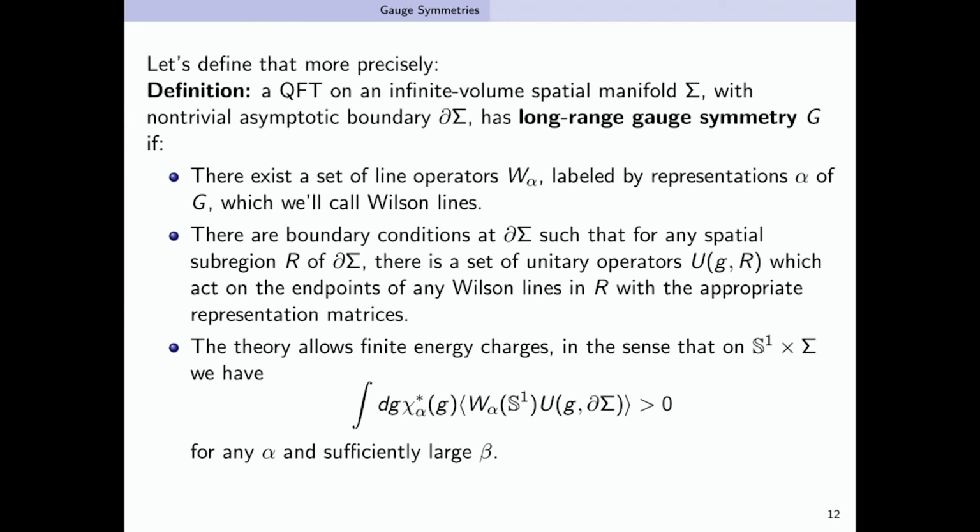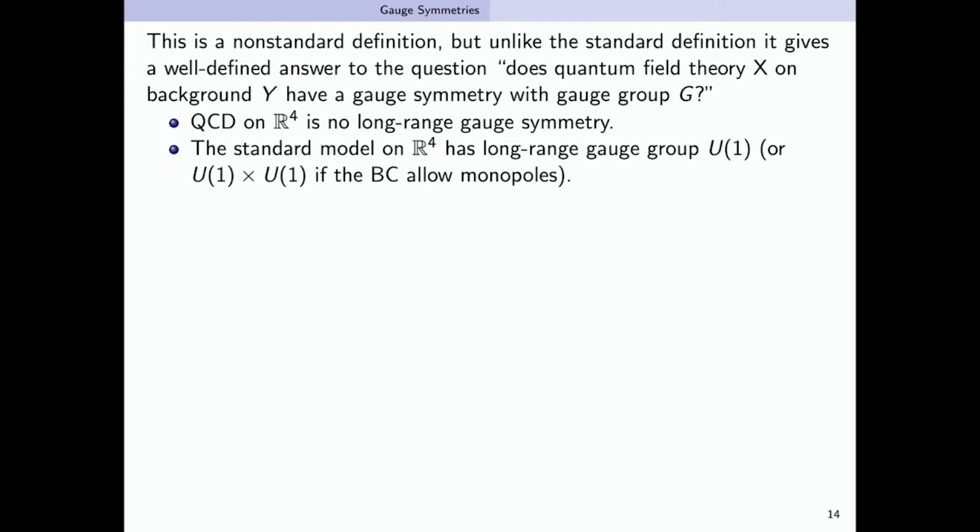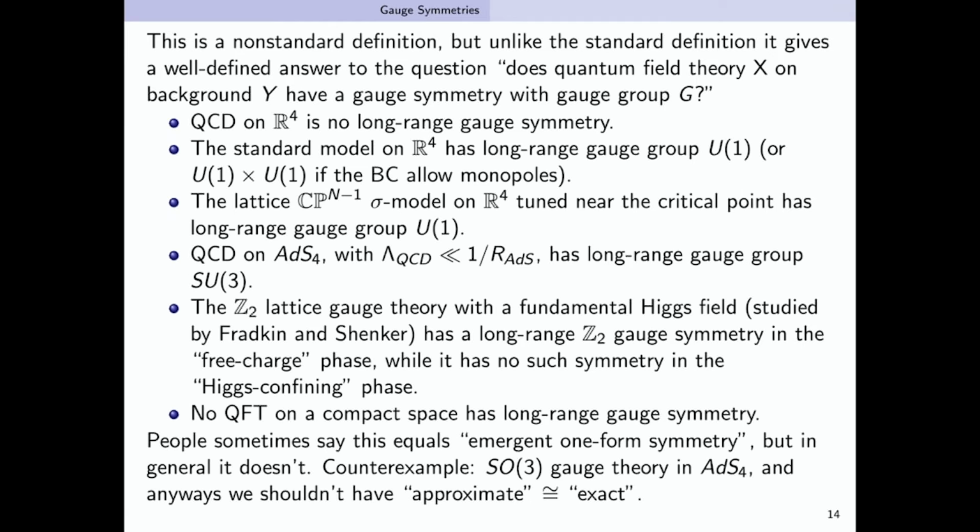And one question. So you said in the Maxwell case, there's two U(1) long range gauge symmetries. Yeah, I think it depends a little bit on what you say about the boundary conditions at infinity. I understand best the boundary conditions that allow either electric or magnetic flux, but not both. In AdS, I feel like you probably have to pick one of those. In flat space, I'm less sure. What about SO(3)?